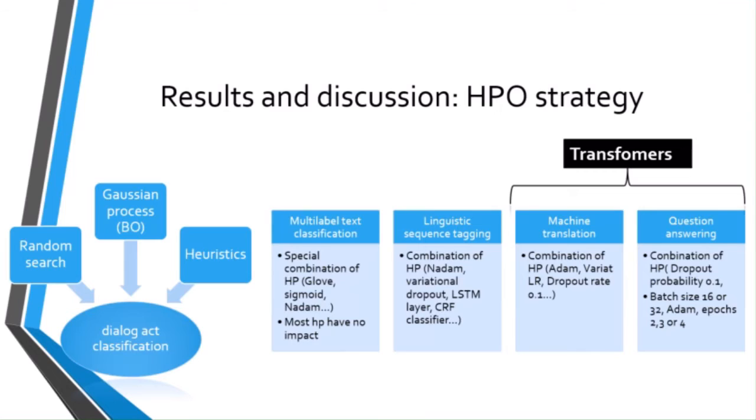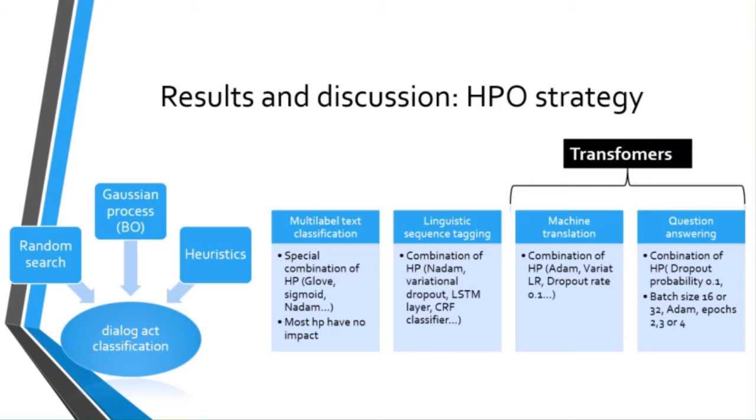When dealing with multi-label text classification tasks, the degree of impact of the hyperparameters is not the same, and some have no impact at all on the model. The combination of GloVe embedding type, sigmoid for the last layer, bi-GRU, deep architecture, NADAM as optimizer, pooling, and some other values proved to be very efficient for this type of tasks.